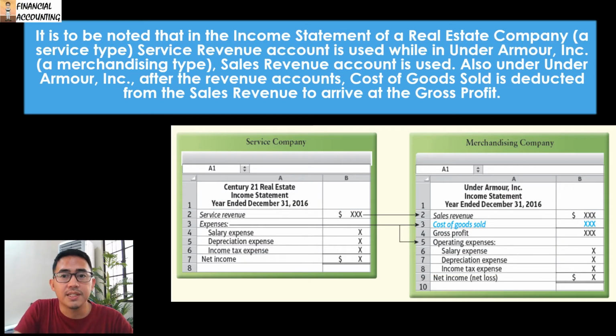It is to be noted that in the income statement of a service type company, the service revenue account is used. While a merchandising type company, which in this case Under Armour Incorporated, uses sales revenue, and there is an account called cost of goods sold.